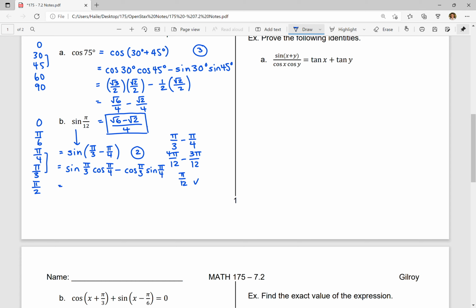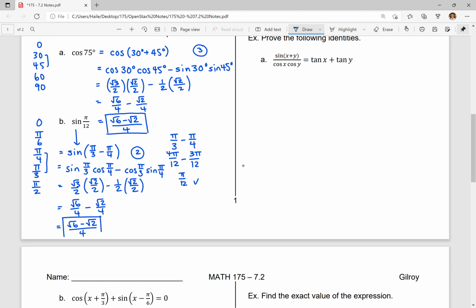The sine of pi over 3 is the square root of 3 over 2. The cosine of pi over 4 is the square root of 2 over 2. The cosine of pi over 3 is 1/2. And the sine of pi over 4 is, again, square root of 2 over 2. So now we can multiply our pairs of fractions. So we get the square root of 6 over 4 minus square root of 2 over 4. And this again simplifies to square root of 6 minus square root of 2 all over 4.